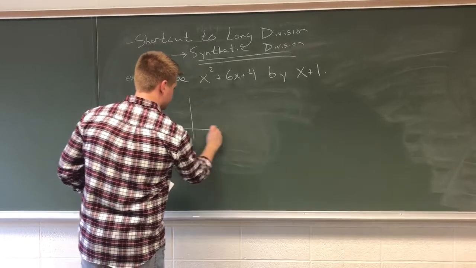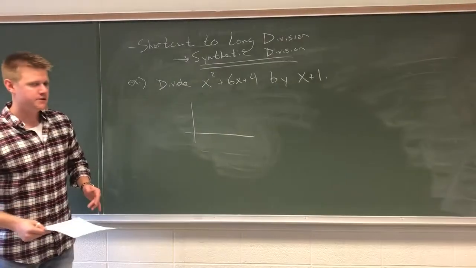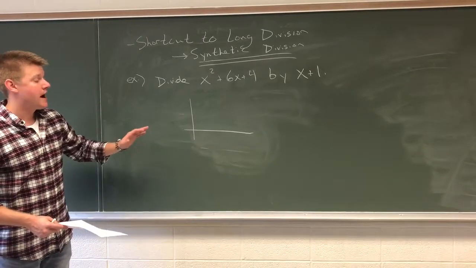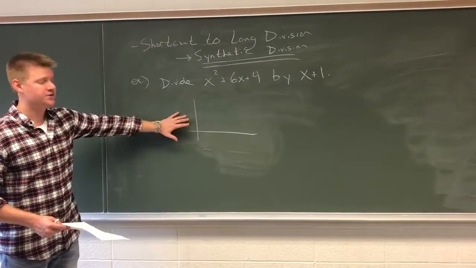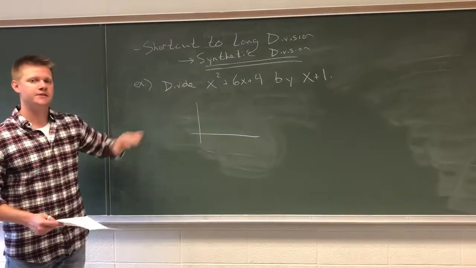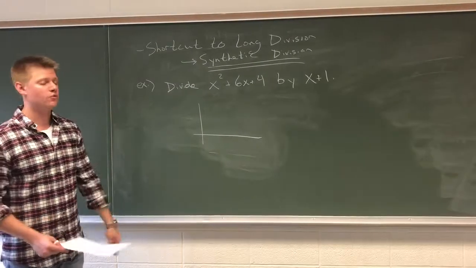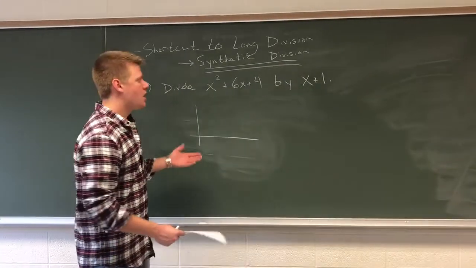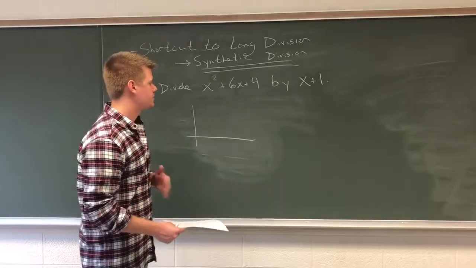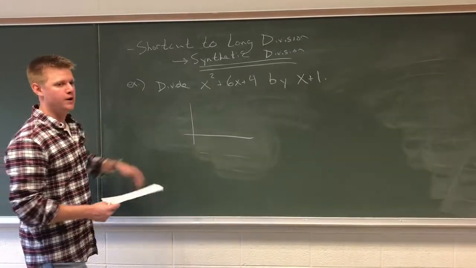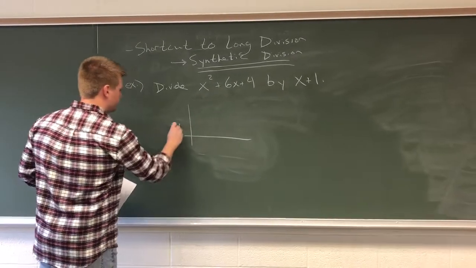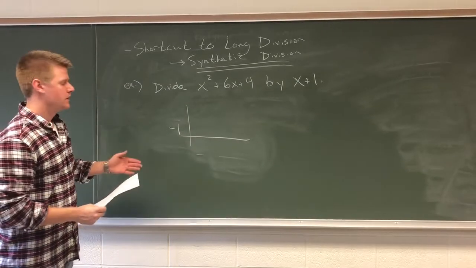maybe this will look familiar to some, this setup. All right, now think of the divisor still kind of being on the outside. In this case, it's the x plus 1. However, we're not going to write that. All we're going to be using are the coefficients from our problem. So the way that I find out what number goes here, it's going to be a -1. Here's why.